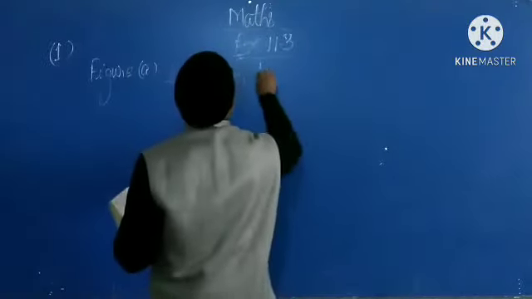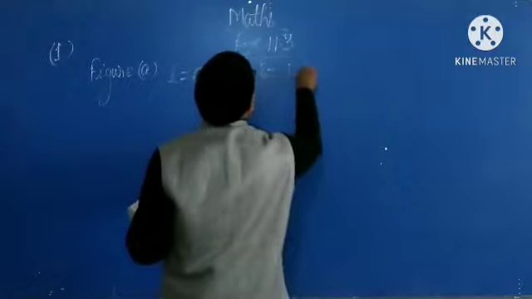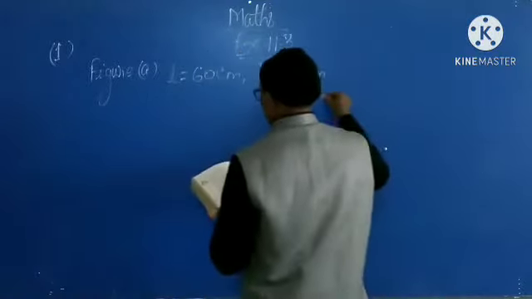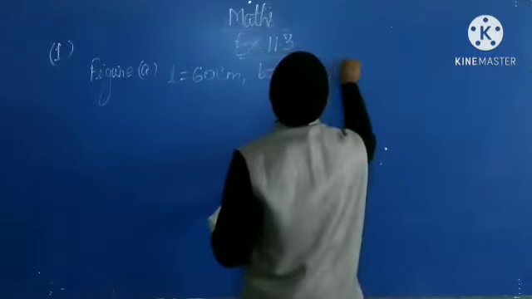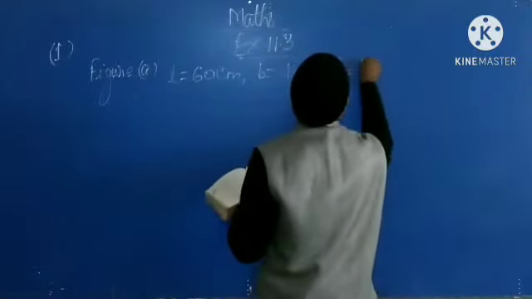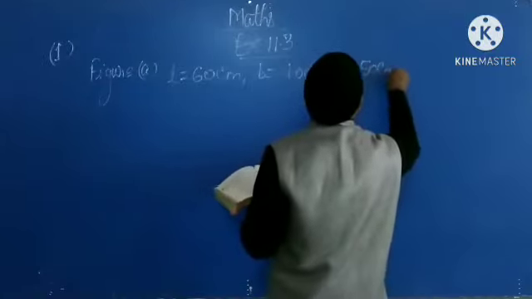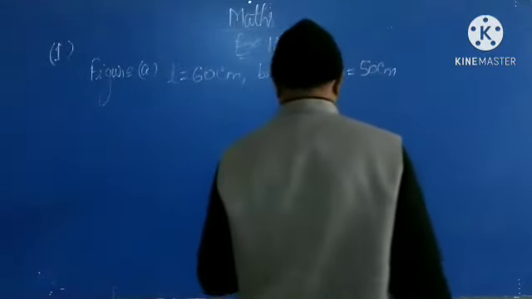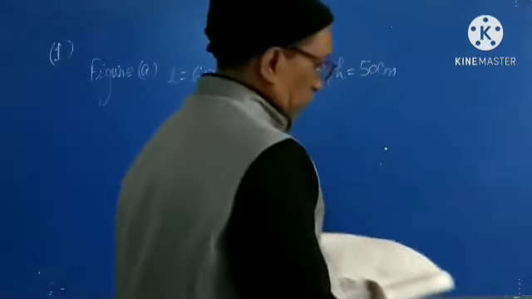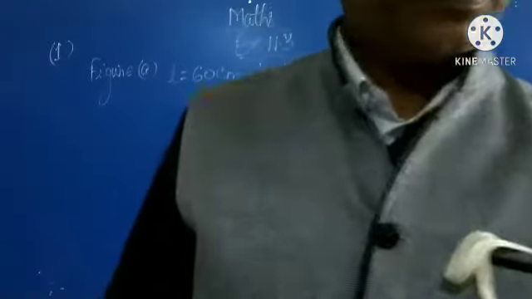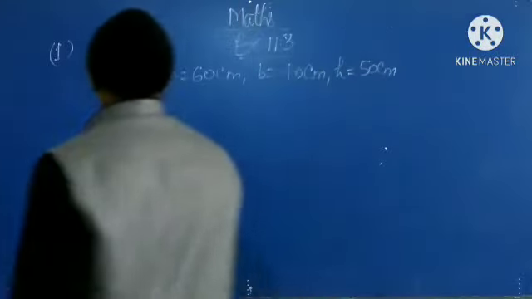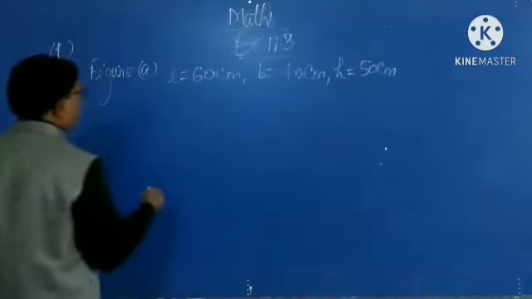Breadth is equal to 40 centimeter, and height is equal to 50 centimeter. These are given for figure A, which is cuboidal shape. You find out total surface area of cuboidal box A.